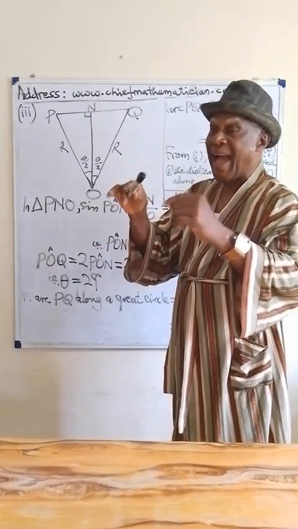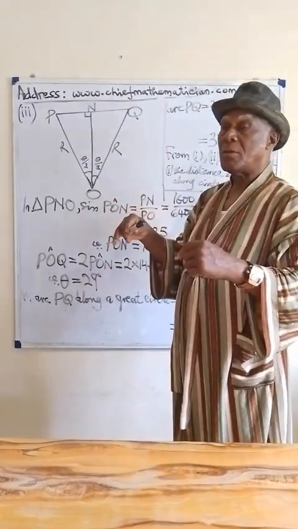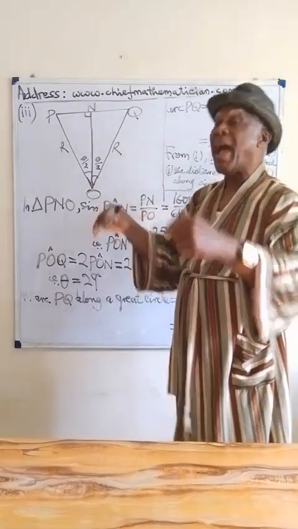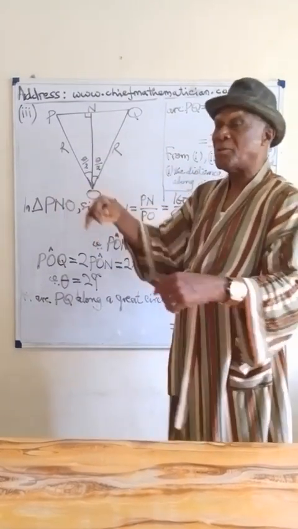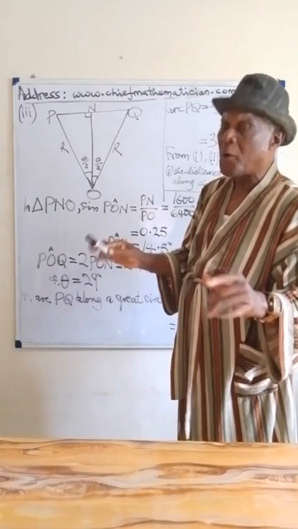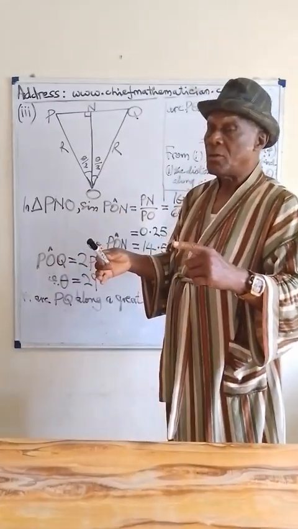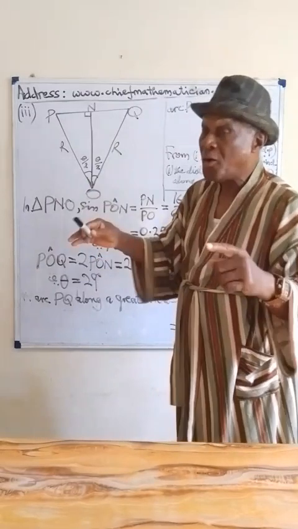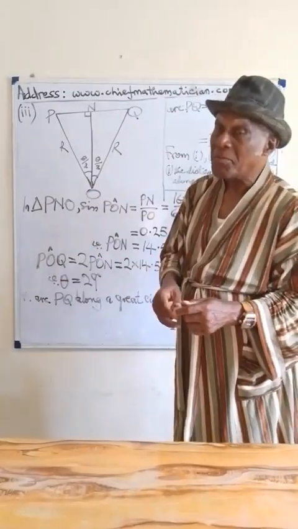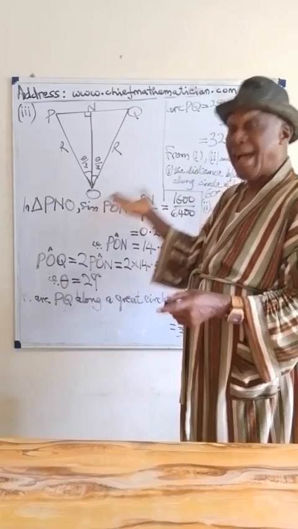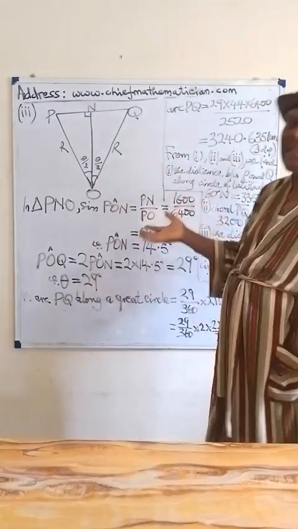The arc PQ joining P and Q along the circle of latitude is different from the length of the arc PQ joining P and Q along a great circle. They are very different. As you have seen in the calculation, they are not the same thing.